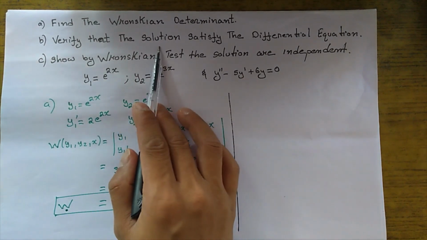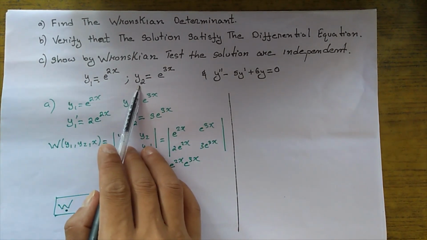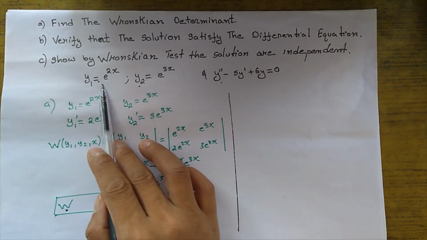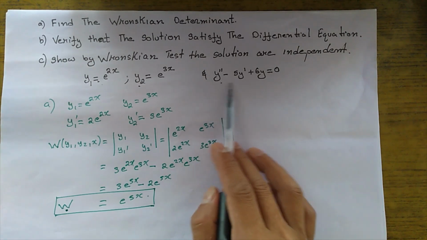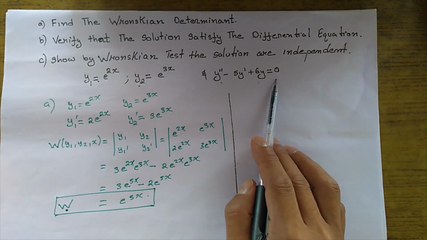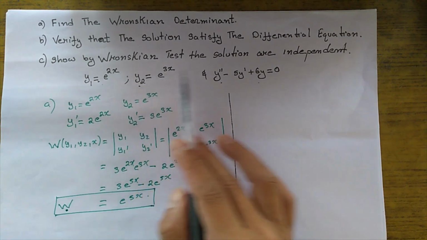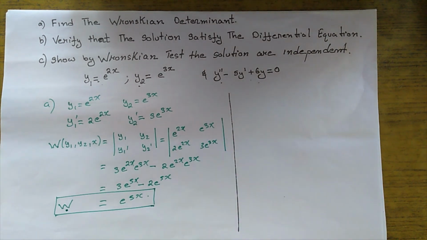Here y1 is one solution and y2 is another solution. We'll put the first solution in the differential equation and check whether the left hand side is equal to 0 or not. Then we'll put y2 in the differential equation and check whether it gives 0 or not.